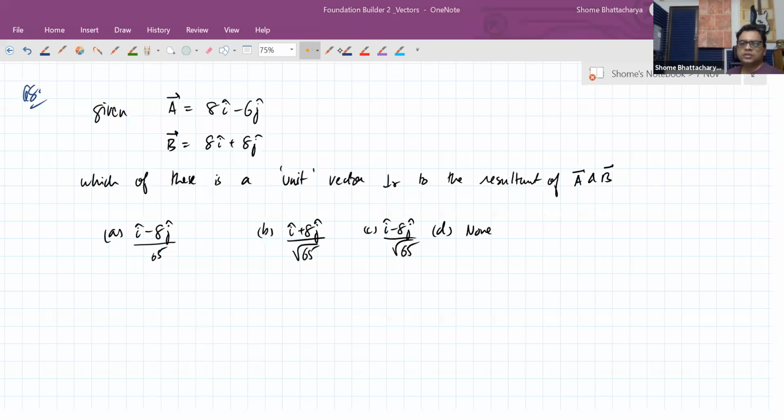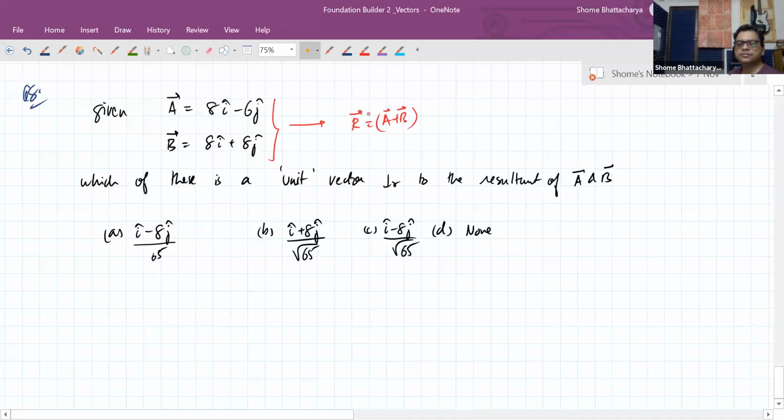So what we should do here is first find the resultant of these two. This resultant is A plus B. So that is equal to how much? It is 16 i cap plus 2 j cap.